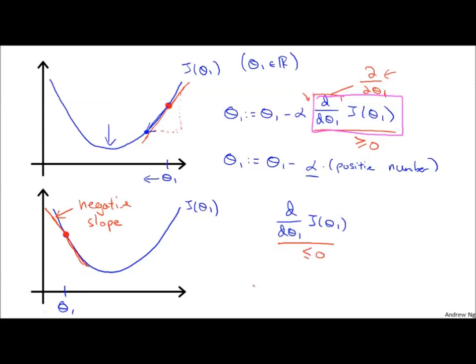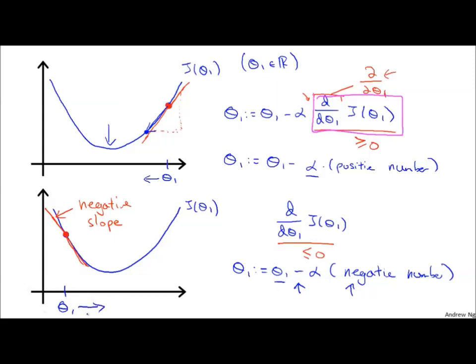So when I update theta, theta gets updated as theta minus alpha times a negative number. So I have theta 1 minus a negative number, which means I'm actually going to increase theta, because this is minus of a negative number, meaning I'm adding something to theta.